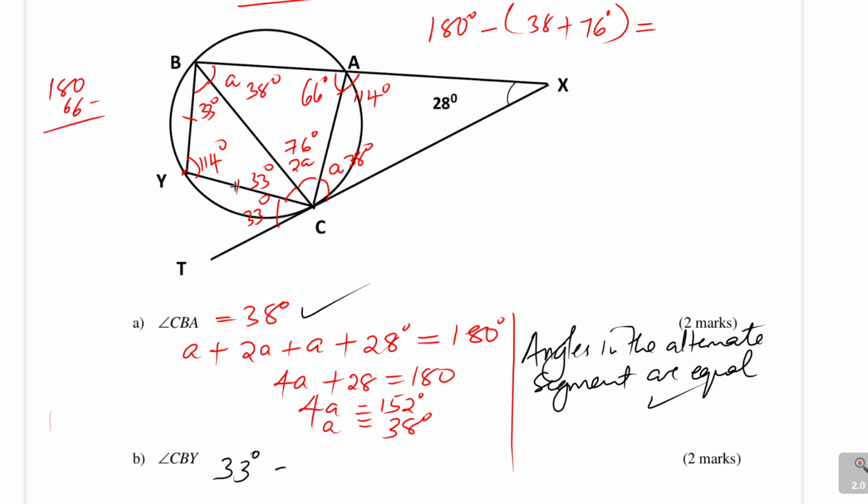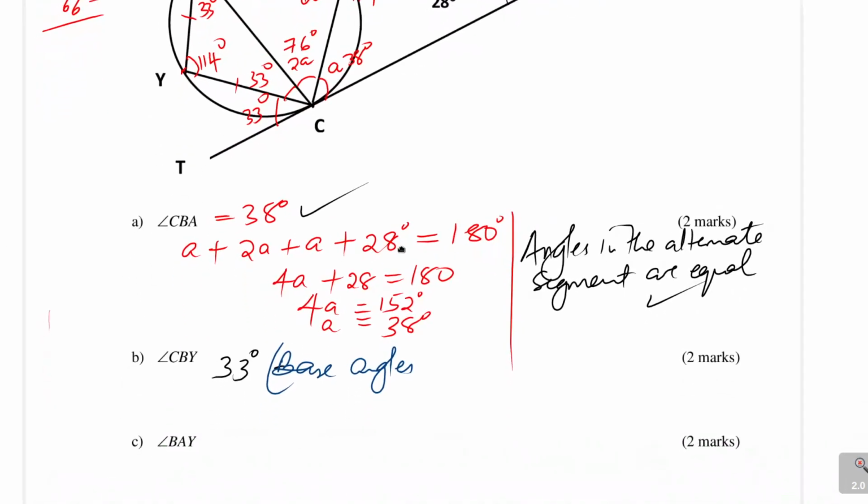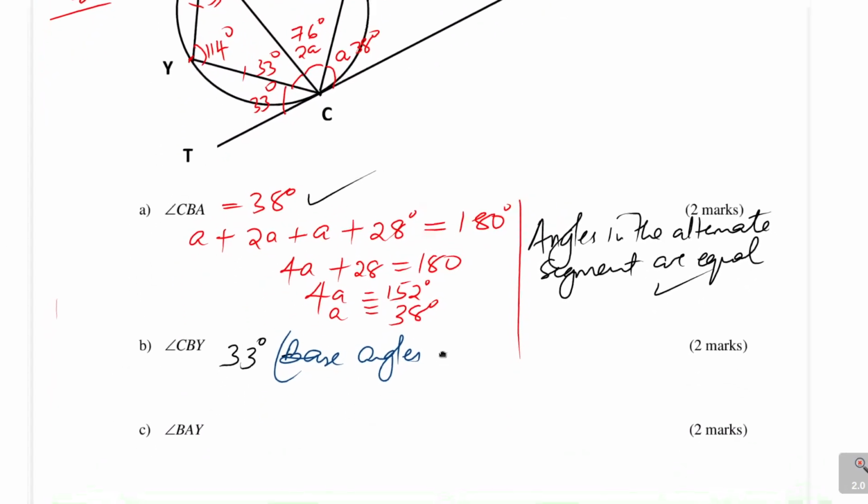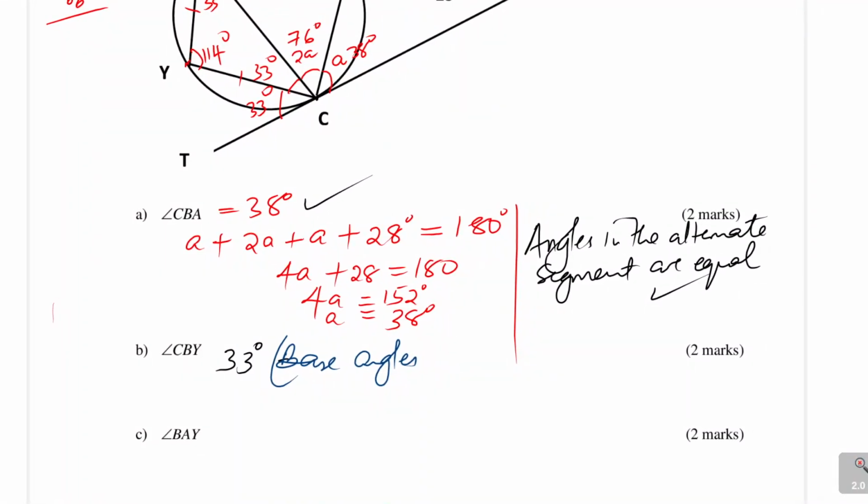And the reason that we've given is the base angles of an isosceles triangle are equal. That is the reason.